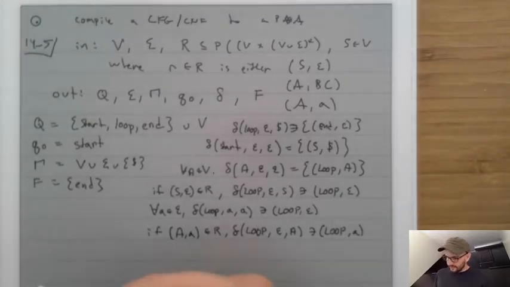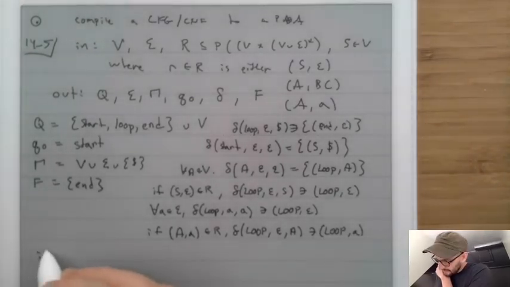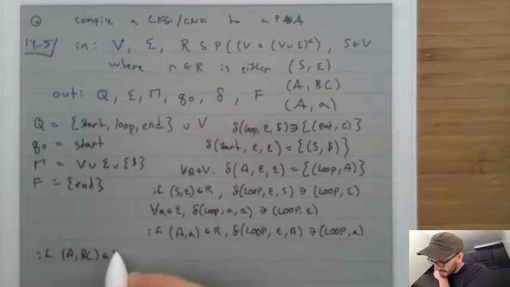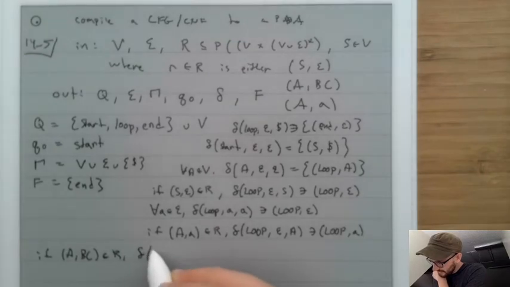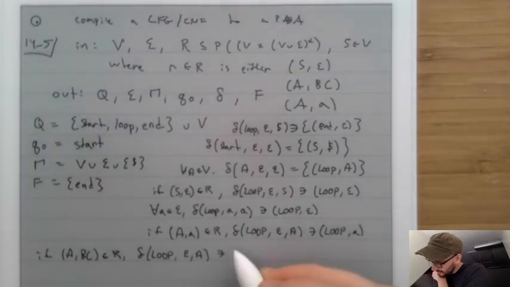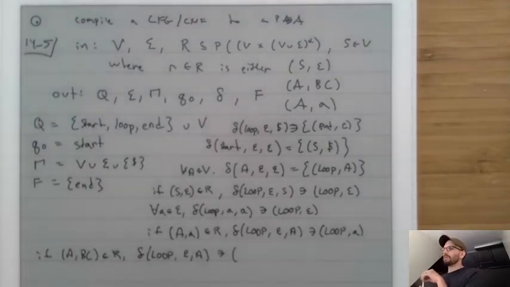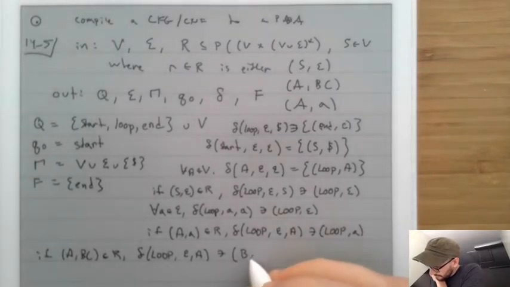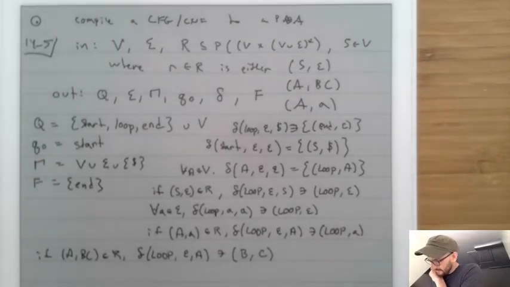So then the last thing that we do is we say that if A, B, C is inside of the rules, then delta of loop epsilon A will include, we're going to go to the B state after pushing C. So what does this mean?